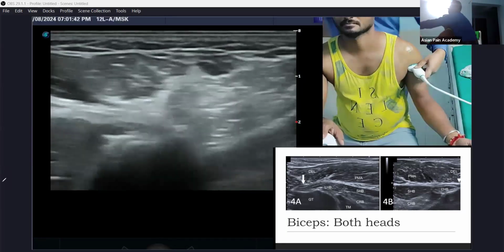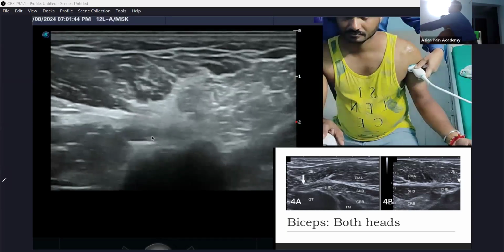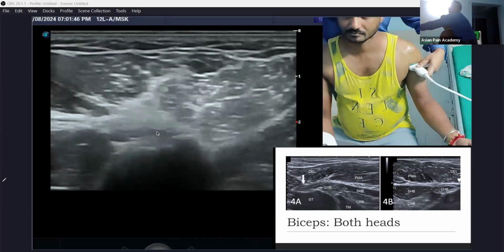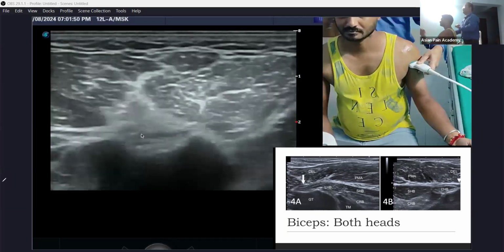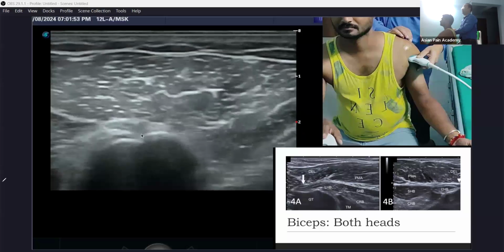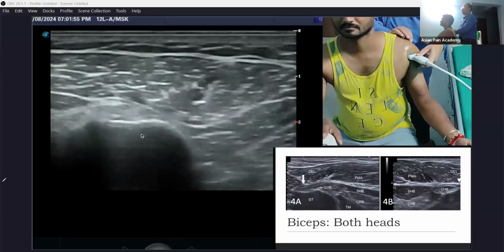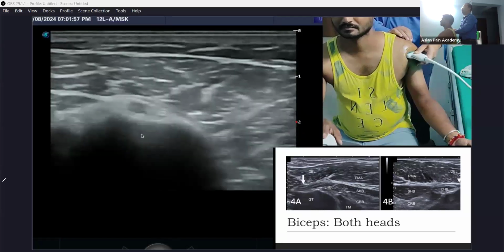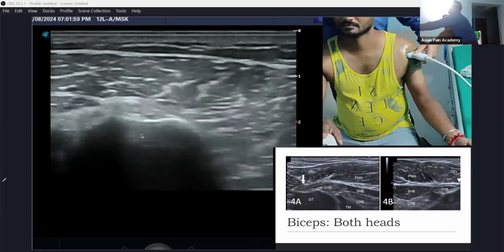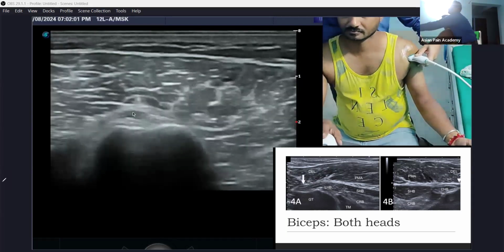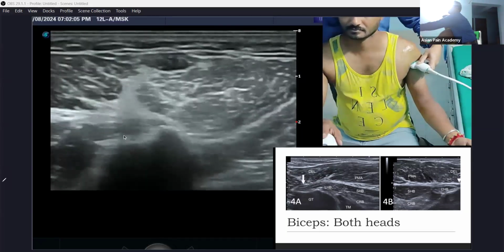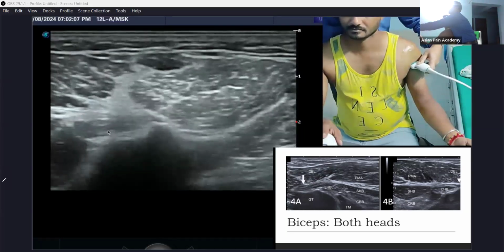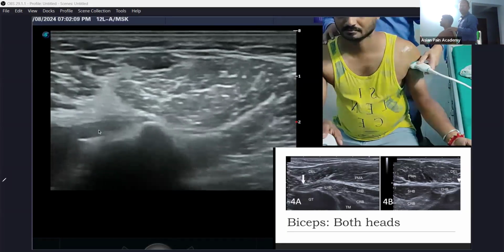So this is the muscle. Okay. So you see, now it has become tendon again. This is the tendon. I am going down here, and it is the long head tendon.